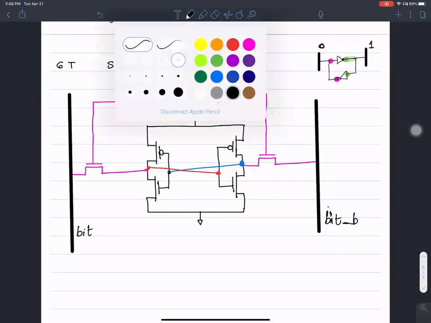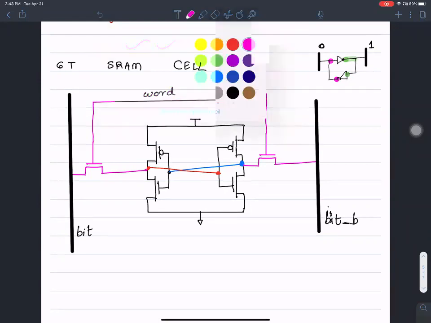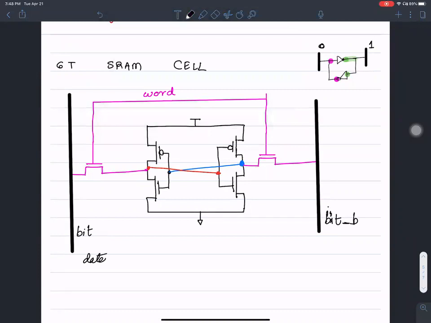This is called the word line. On the bit and bit bar is my data and the data complement. This is the storage.